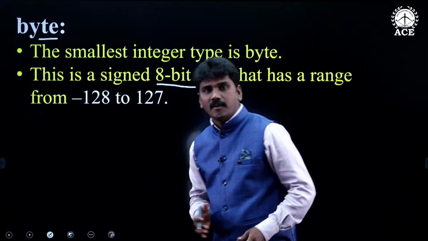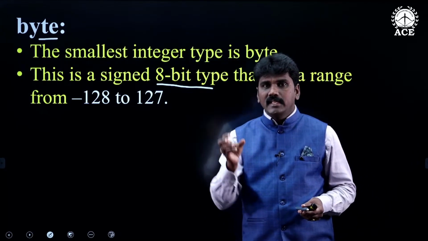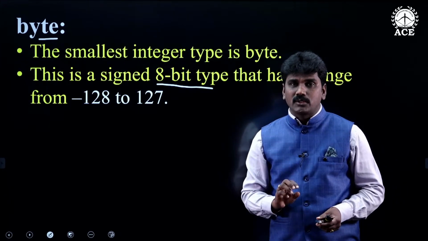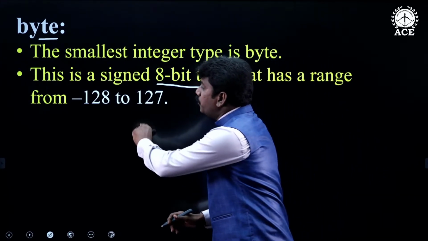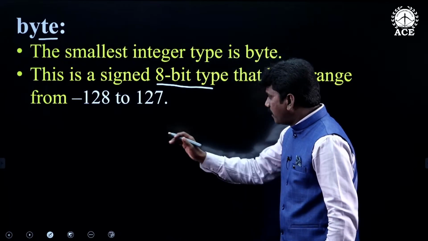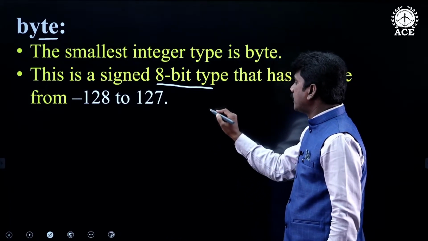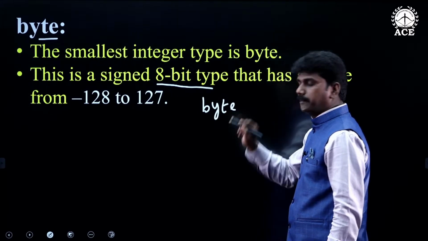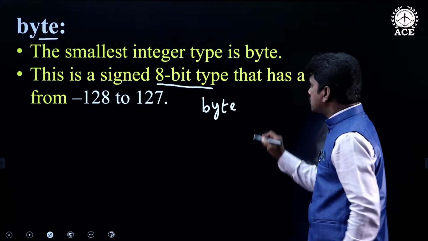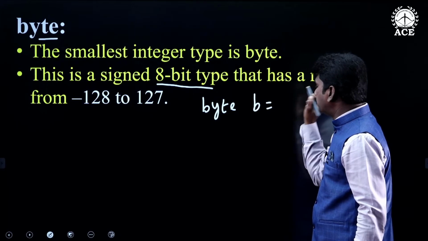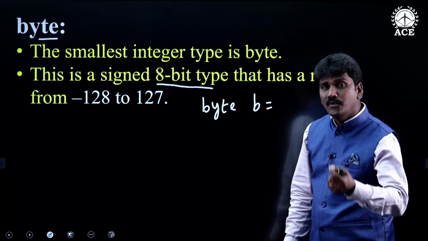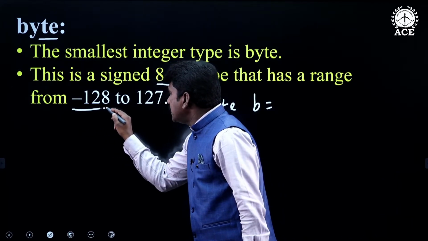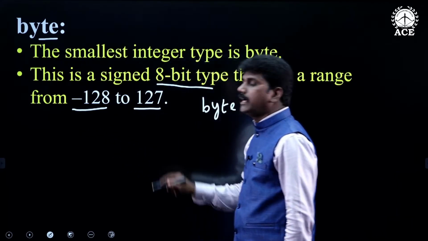And what is the range of this 1 byte? It means while assigning values to the variables, how much value we can give. For example, if we have a variable of byte data type, byte b equals, how much value can we provide? The value range is from minus 128 to 127.